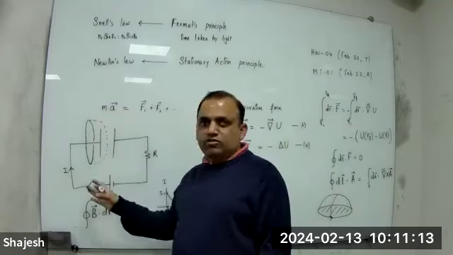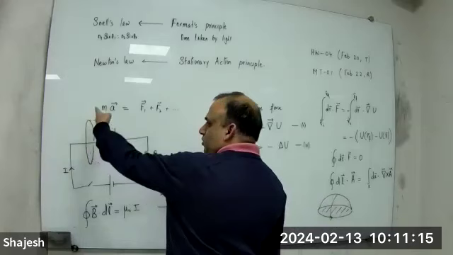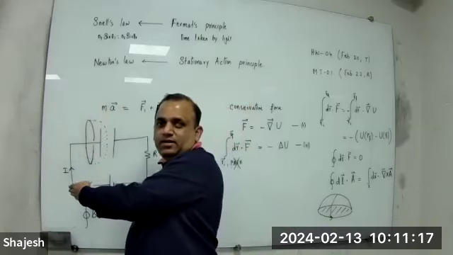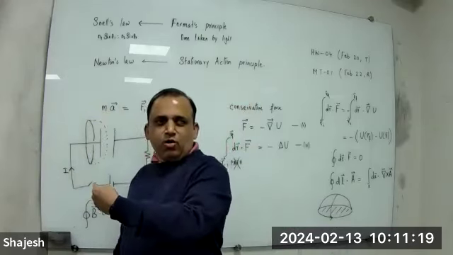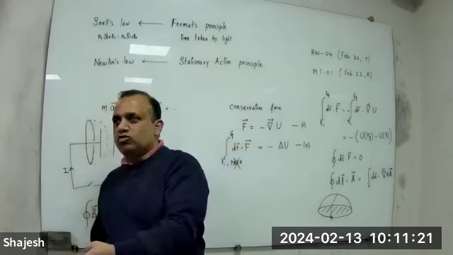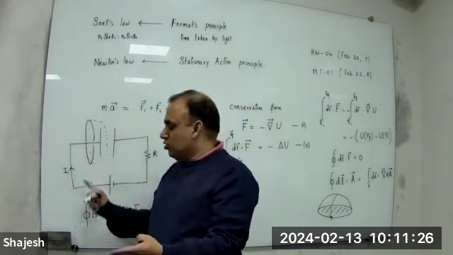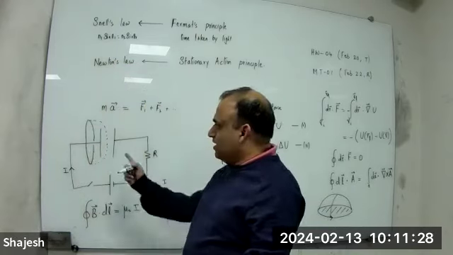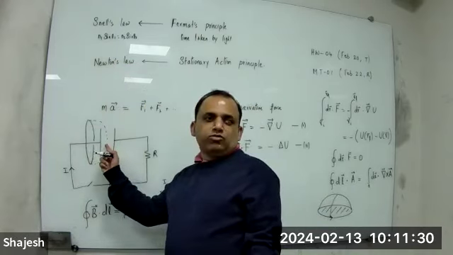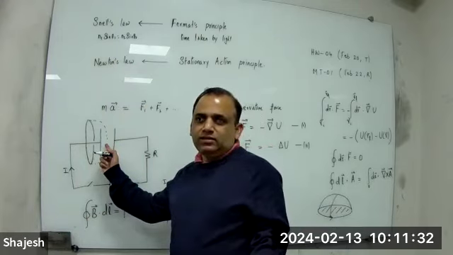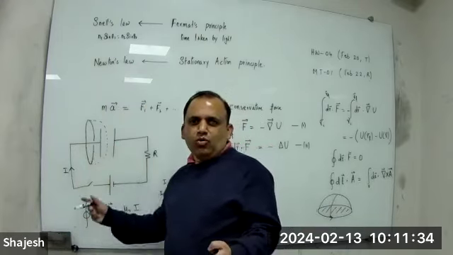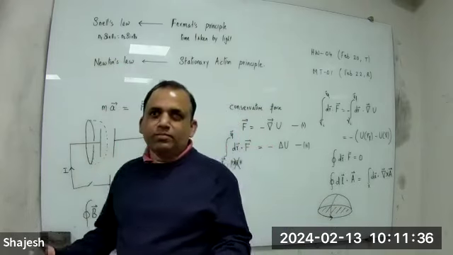How much current is going through depends on the choice of the surface. For the surface intersecting the wire, it is mu naught I. But for the surface that goes through the capacitor, there is no current. So mathematically that seems to be a problem.